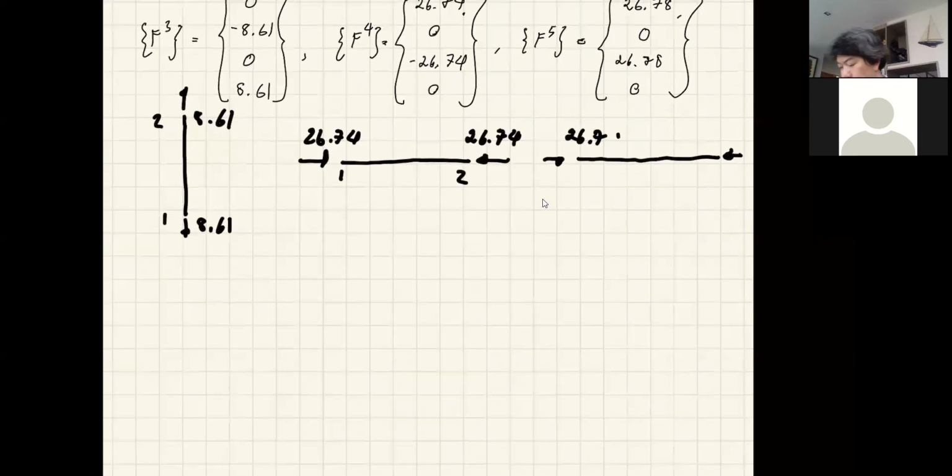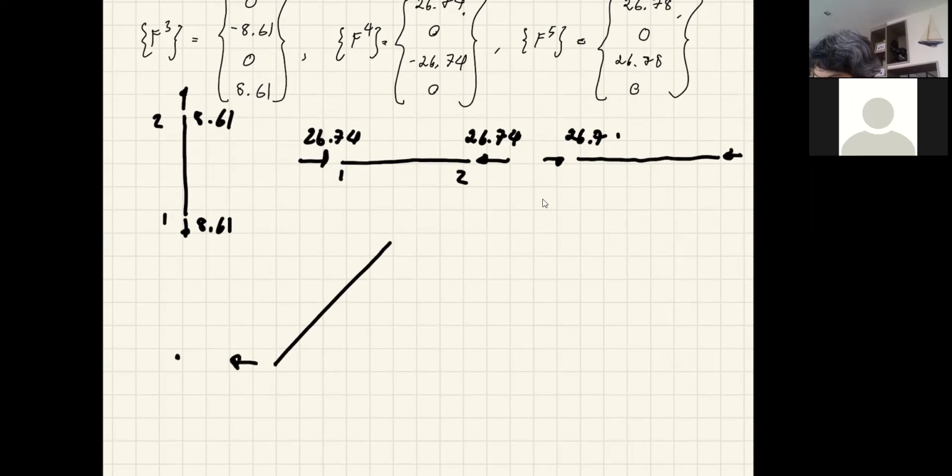Now when I write member number 1, I have 26.76 here, and then I have 35.68. I'm trying to figure out how I should write so that it doesn't bother anything. Okay, doesn't matter. 26.76, and this goes up.